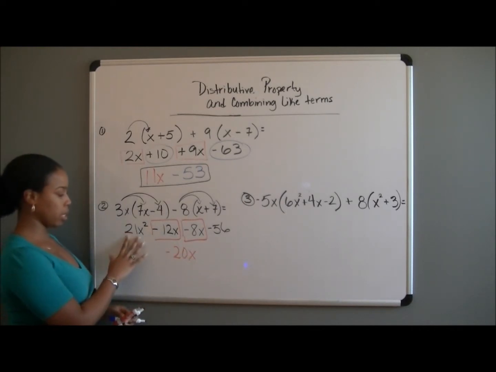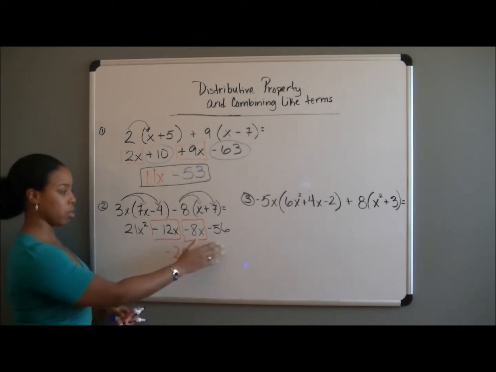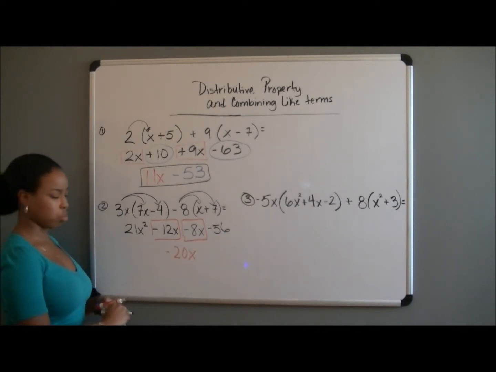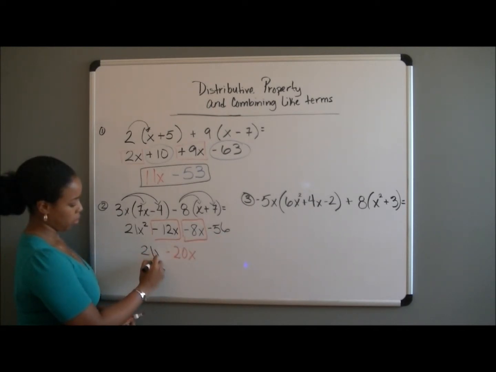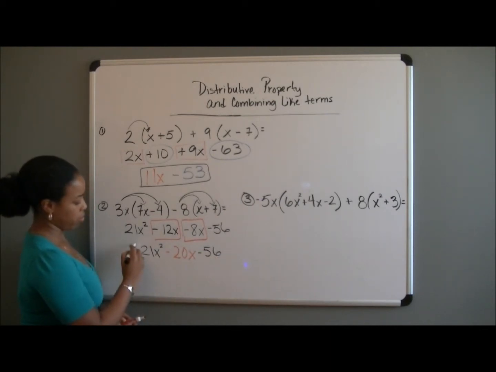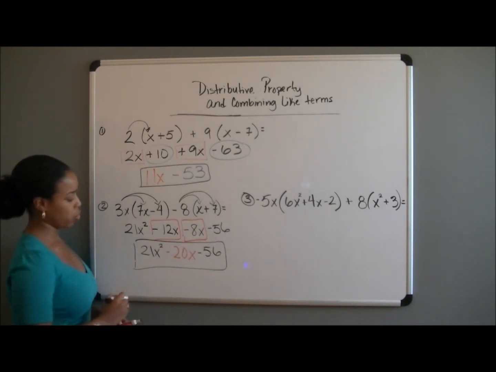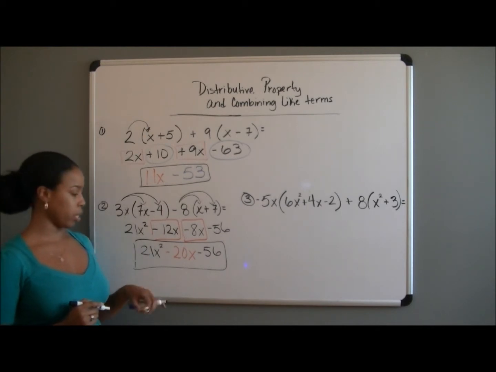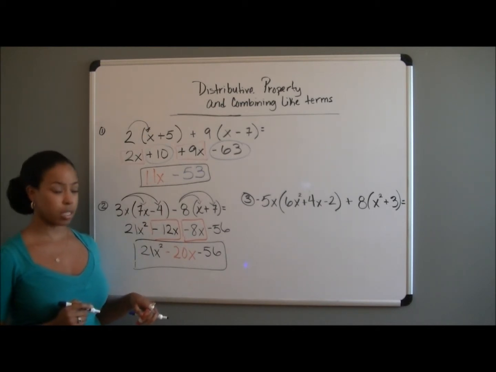We can't combine the 21x squared and the negative 56 here, so we'll just bring them down. So our final answer is 21x squared, take away 20x, take away 56.